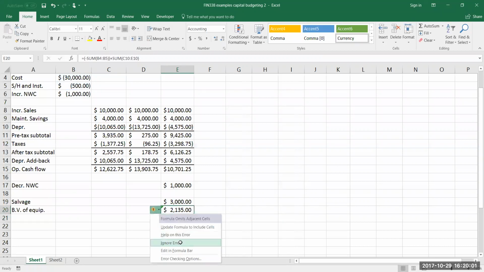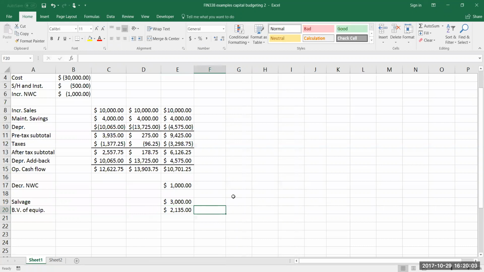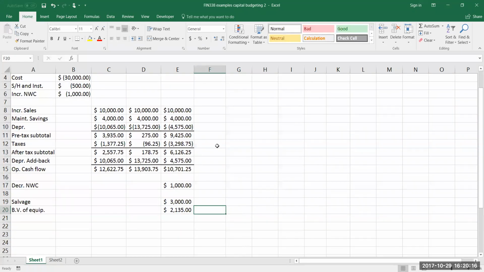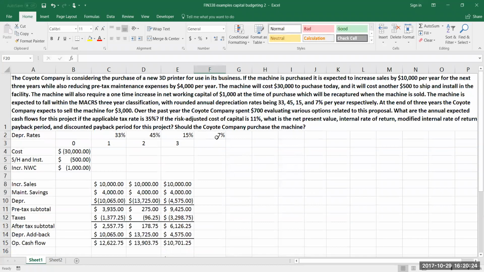Okay. Now, notice that since we're doing this with MACRS, we can actually check this a little bit, because if we look at our percentages, there's one percentage we have not applied yet, and that's that 7% for year 4, which we didn't have a year 4. So if I think about this, at the end of year 3, my book value ought to be whatever I have not yet depreciated. Well, what I have not yet depreciated at the end of year 3 is this 7%.